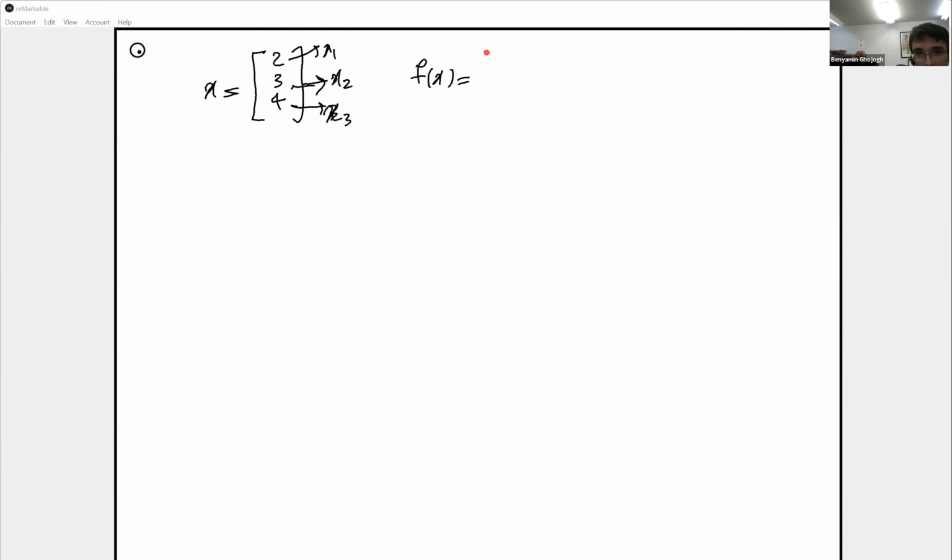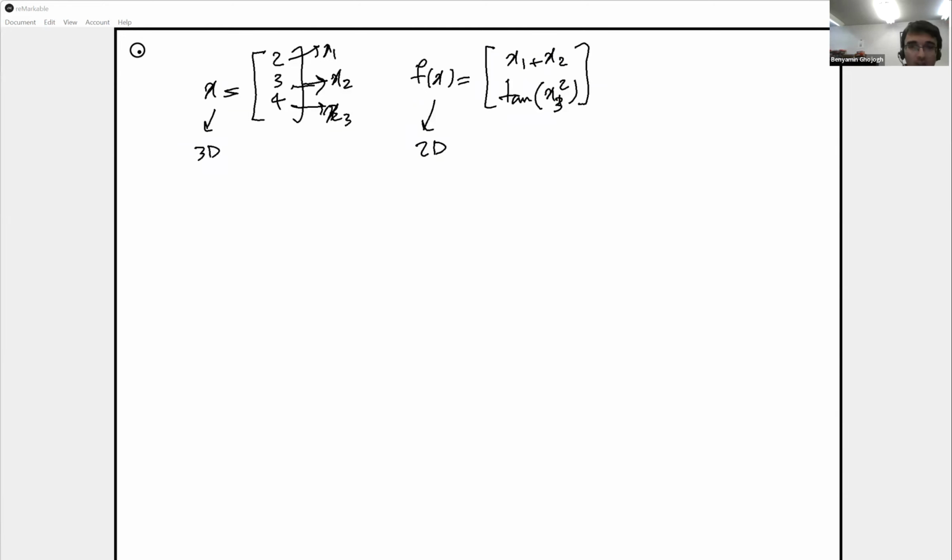Assume it is a vector where the elements are x1 plus x2, and tangent of x1 squared, x3 squared. So the function f is two-dimensional. The input is also three-dimensional. Clear? Now, this is 2D. This is 3D. I want to see what is the derivative of f with respect to x.